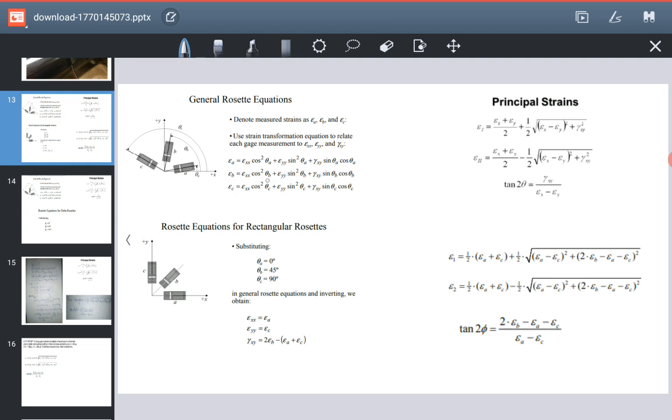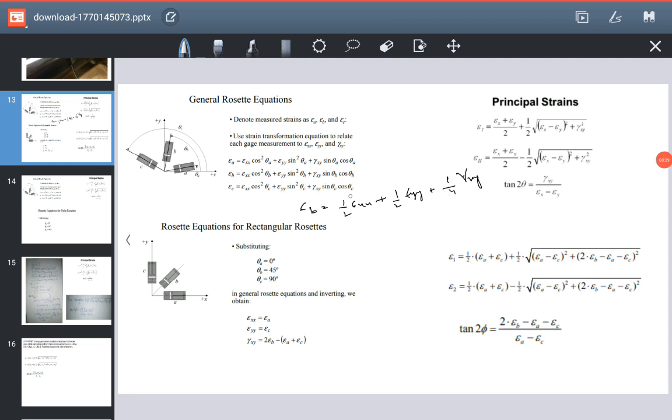Okay. So this will be EB equals 1 upon 2 EX, 1 upon 2 EY, and 1 upon 2 gamma xy.